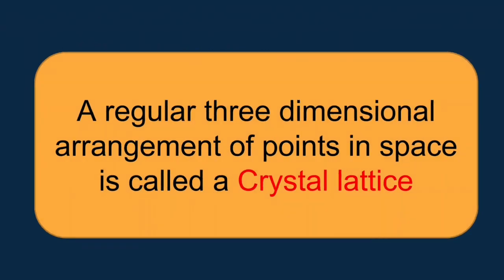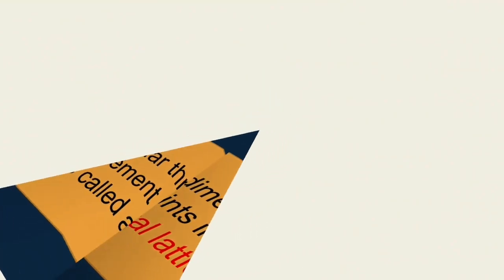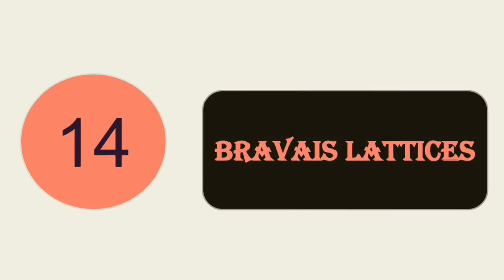Now there are 14 possible 3-dimensional lattices, that is, 14 possible ways of 3-dimensional arrangement. These 14 types of lattices are called Bravais lattices.